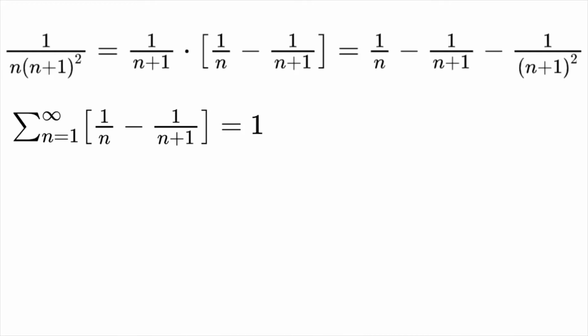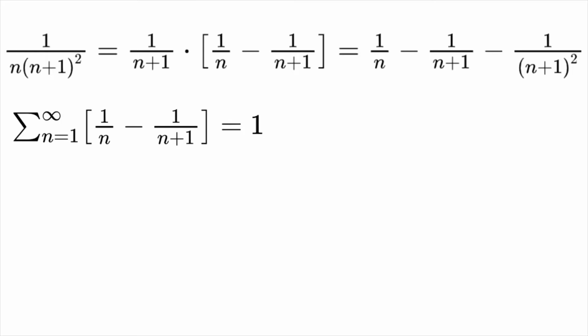Now you are pretty familiar with this telescoping formula type summation: the summation n equal to 1 up to infinity of 1 by n minus 1 by n plus 1 becomes 1.